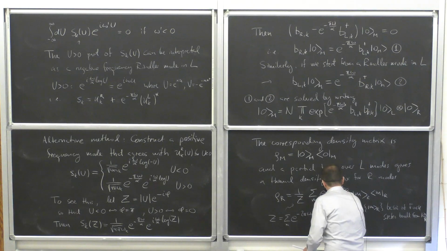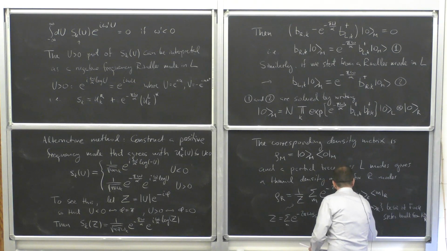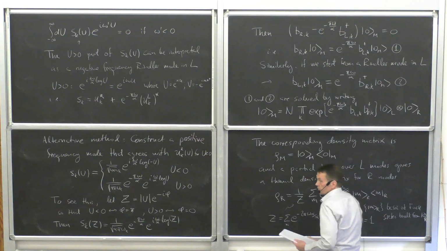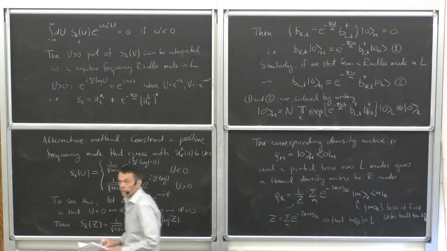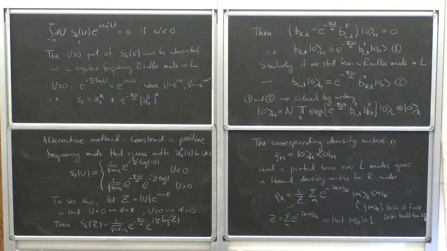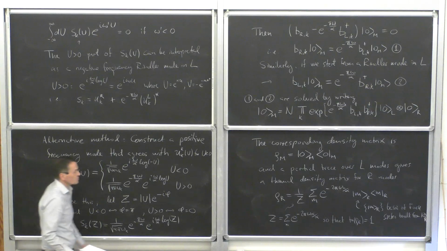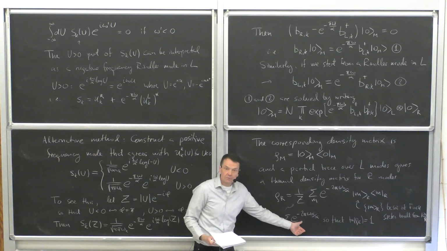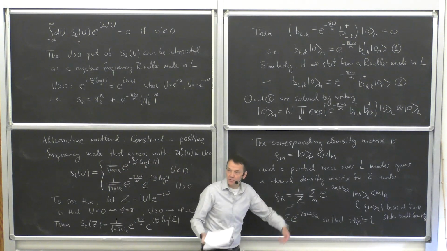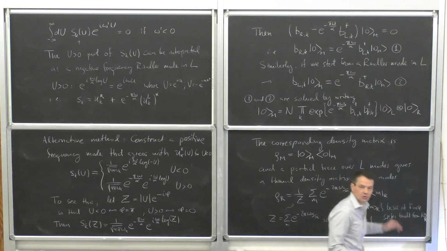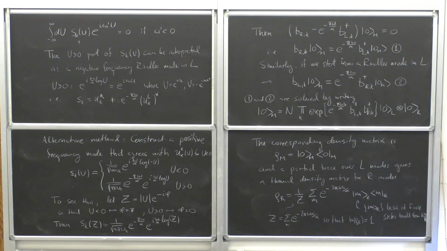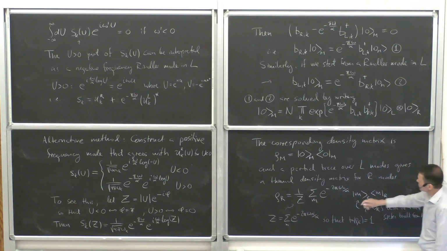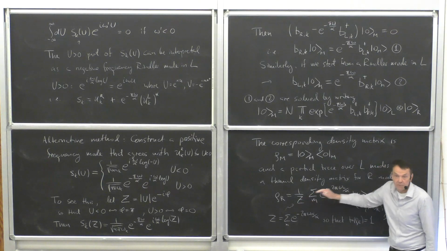And this is just so that trace rho R is equal to 1. Now, of course, if you're really doing a quantum field theory, there are issues here that I'm completely glossing over, like this is a divergent expression, so you need to regularize, and there is a longer story here, but the basic statement that you get a thermal density matrix does hold.